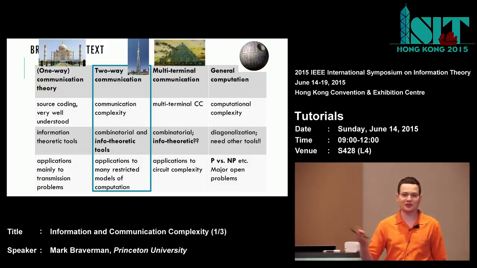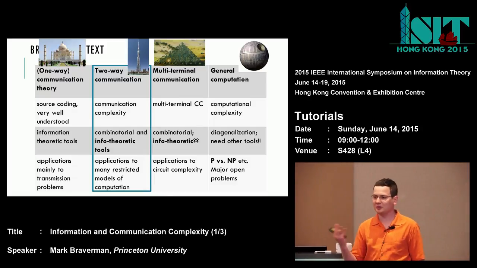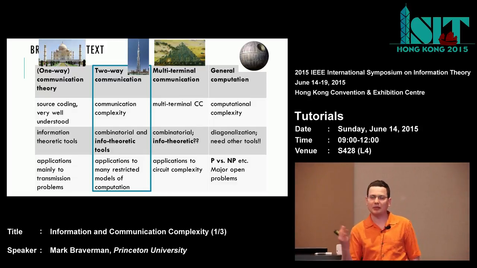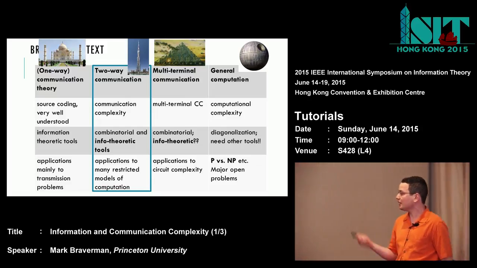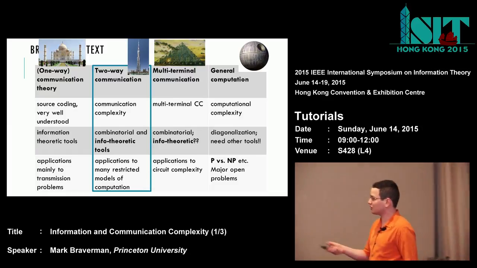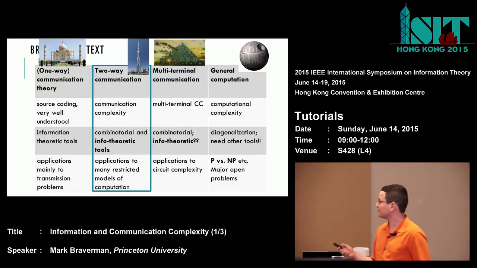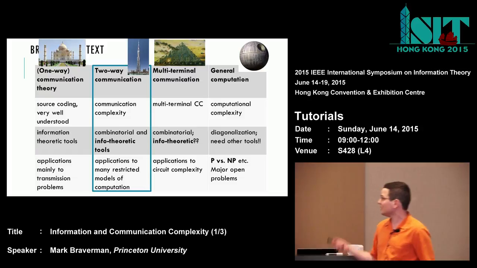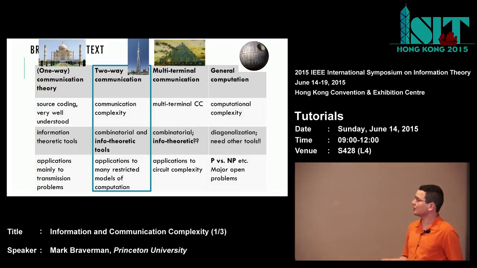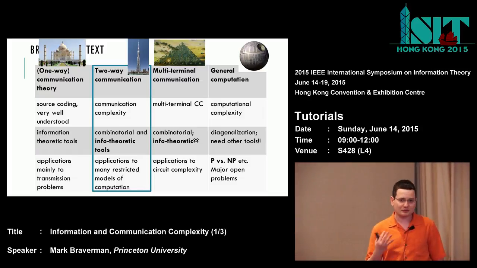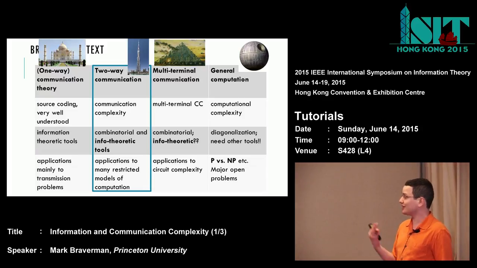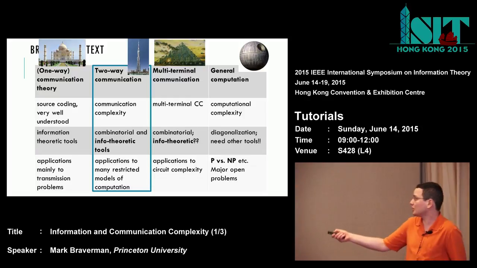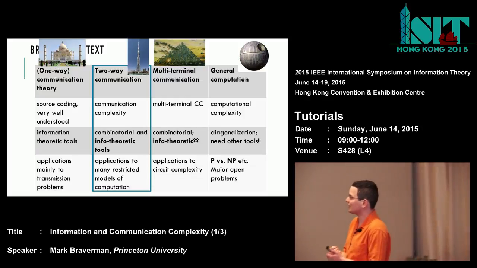Information theoretic tools kind of kill it, in the sense that pretty much any basic problem you ask, you have a precise answer, and it solves many of the transmission problems, at least the basic ones. So two-way communication, in terms of tools, is still being developed, and unfortunately, it's not as clean as one-way communication. Communication complexity is essentially the field that studies it.